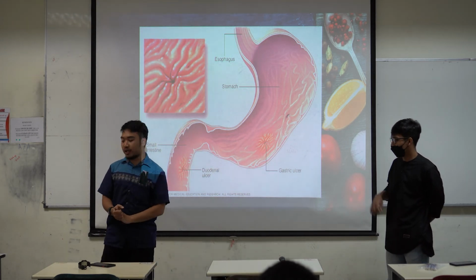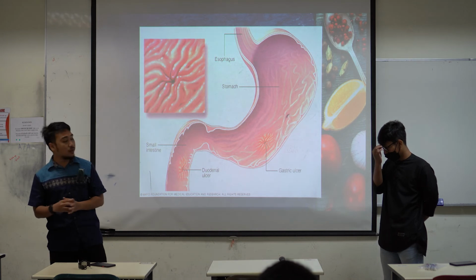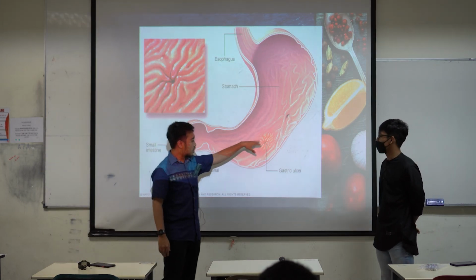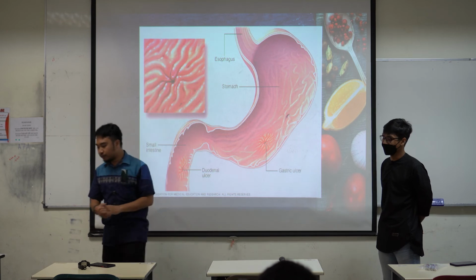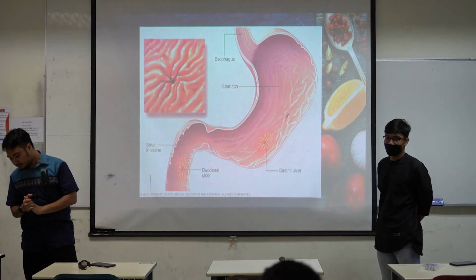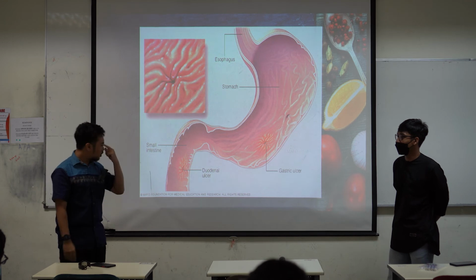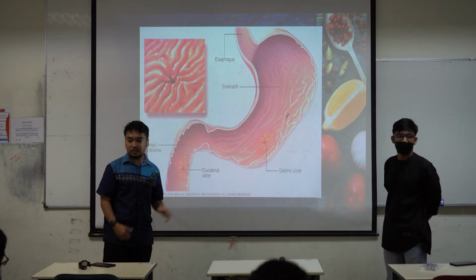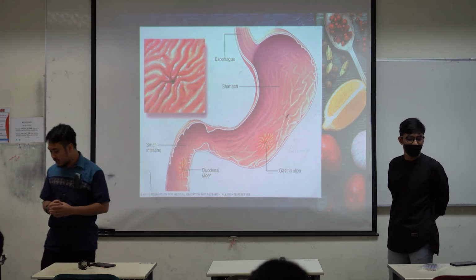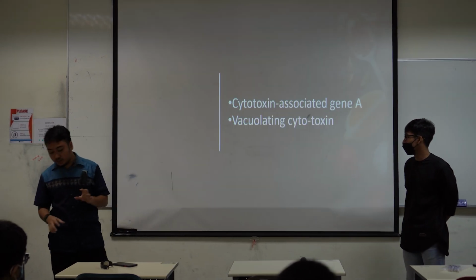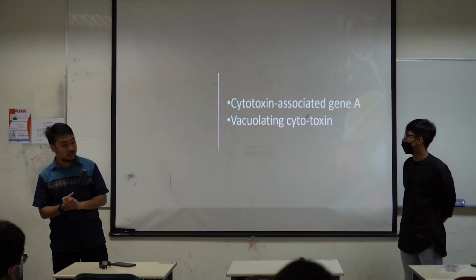What the bacteria do is create microcolonies. They become bigger, and when we ignore the ulcer, it expresses virulent proteins such as CagA and VacA that control the host immune system to escape immune detection.